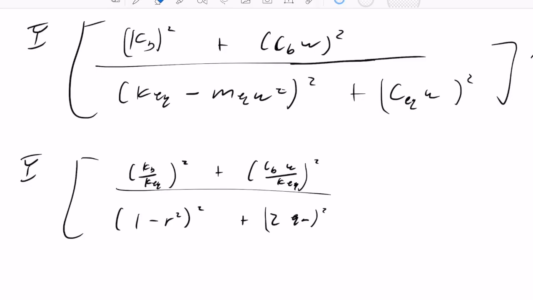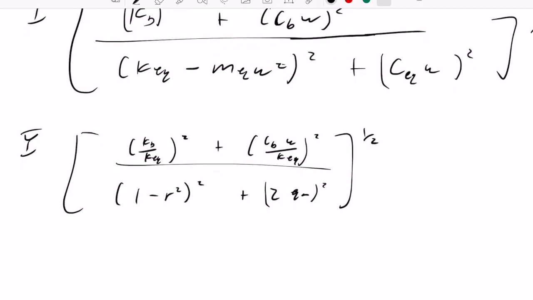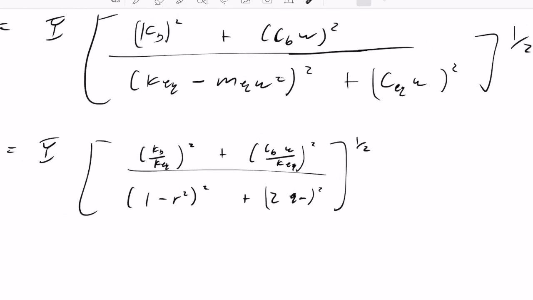And what we've got now is that this is no longer equal to 1 because these could be different values, and this is no longer equal to 2 zeta r, which is kind of okay, but it'd be nice if this also had an r instead of omega, so you can see how it changes as a function of where you're driving relative to your natural frequency.